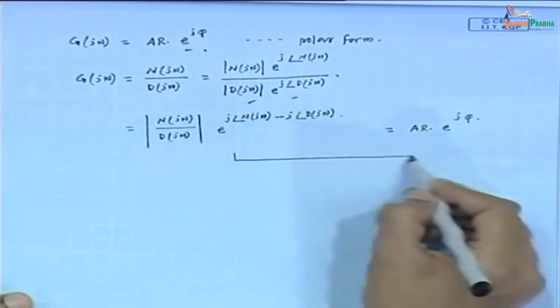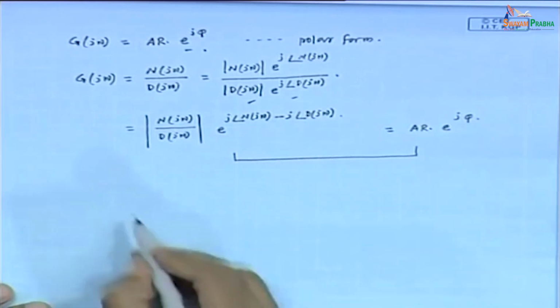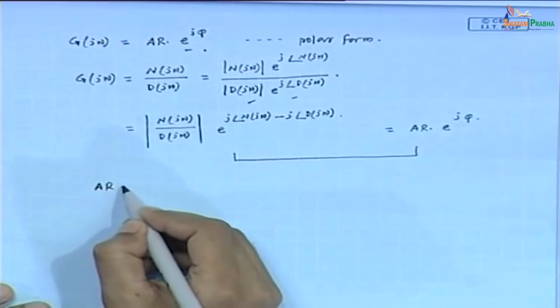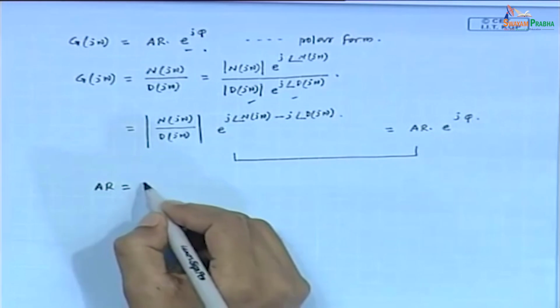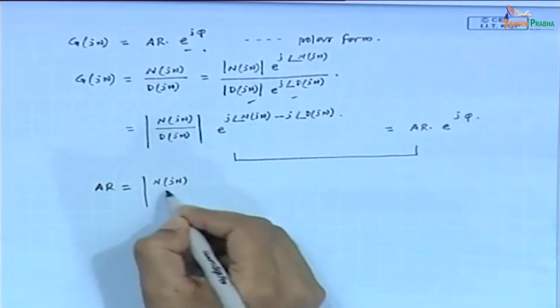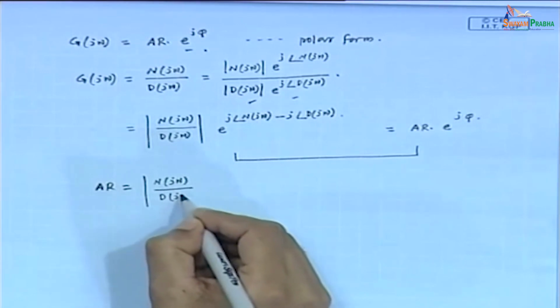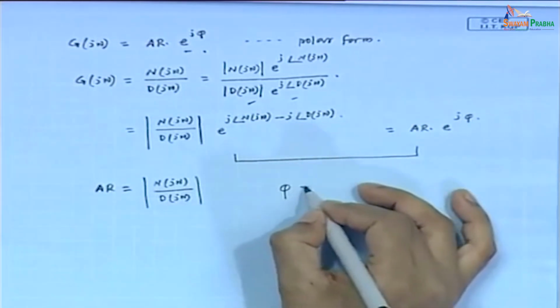Now, we will compare these two. Then we obtain the expression for amplitude ratio as amplitude ratio equals this, the magnitude of numerator divided by the magnitude of denominator, and we obtain the expression for phi also.